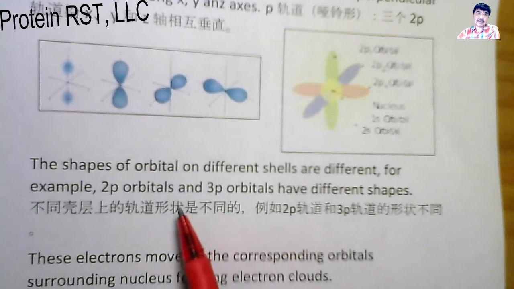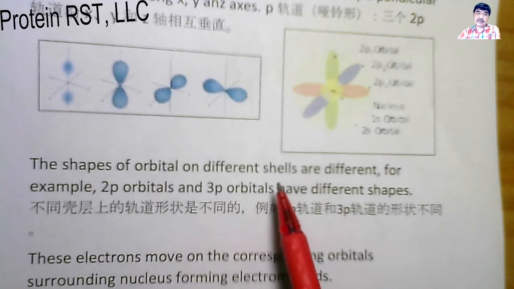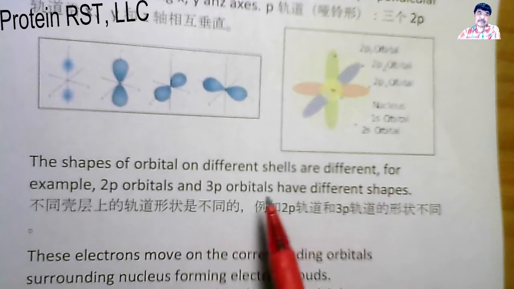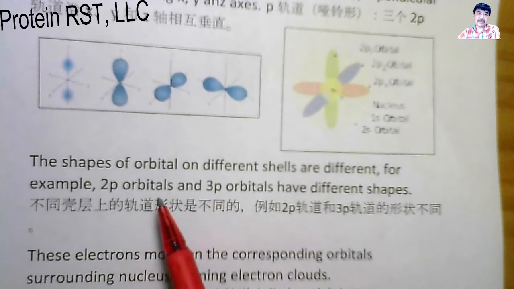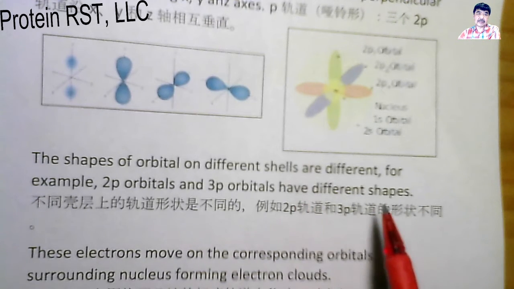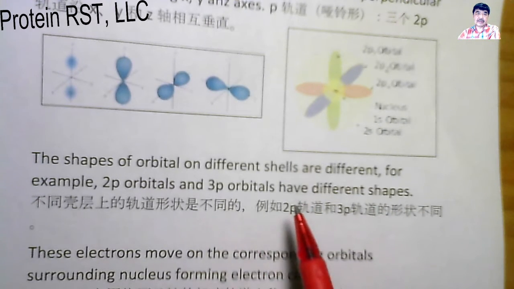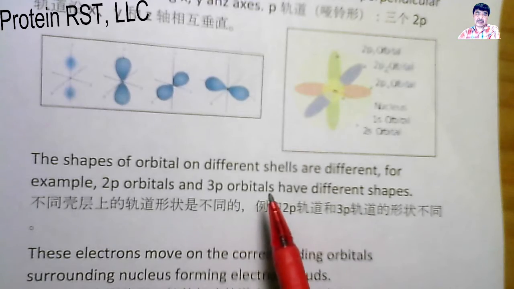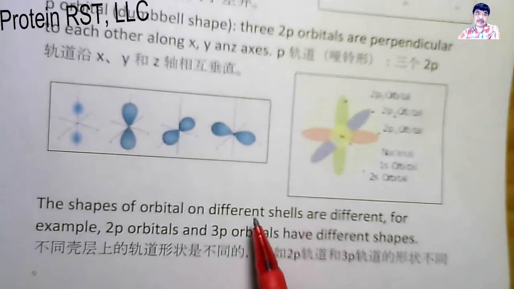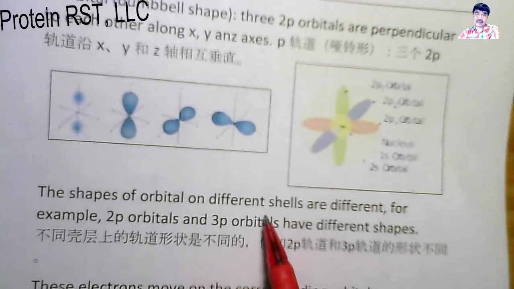The shapes of orbitals on different shells are different. For example, 2p orbitals and 3p orbitals have different shapes. Although they both look like a dumbbell, they are still different.